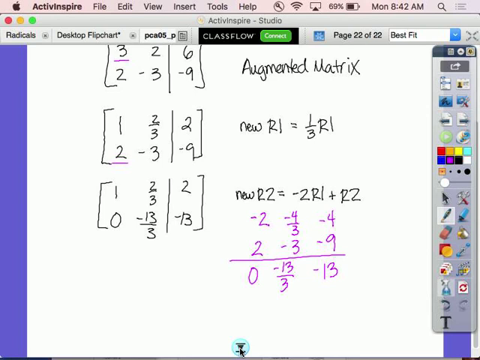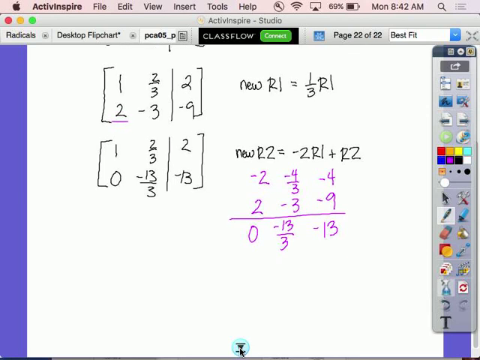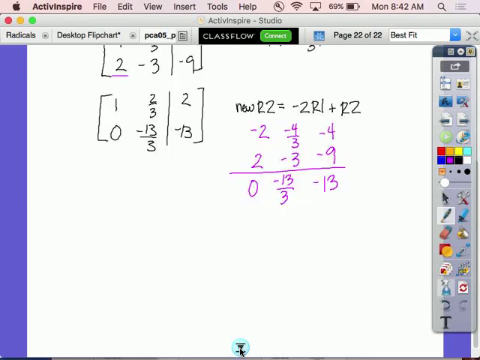We have to make that negative 13/3 equal to 1 by using one of our row operations: interchanging a row, multiplying by a non-zero constant, or adding a row to another. So what's this one going to be? To make this into a 1, what should we do? We should just multiply by negative 3/13.